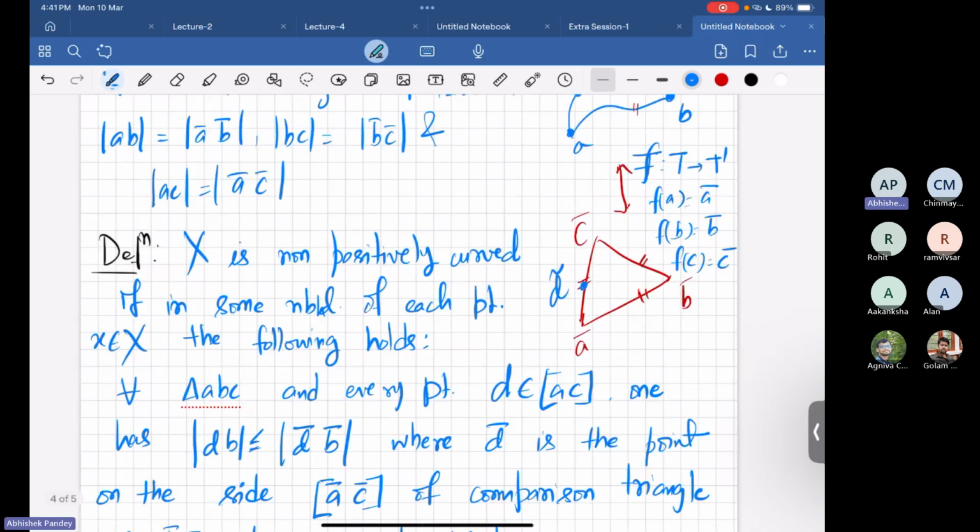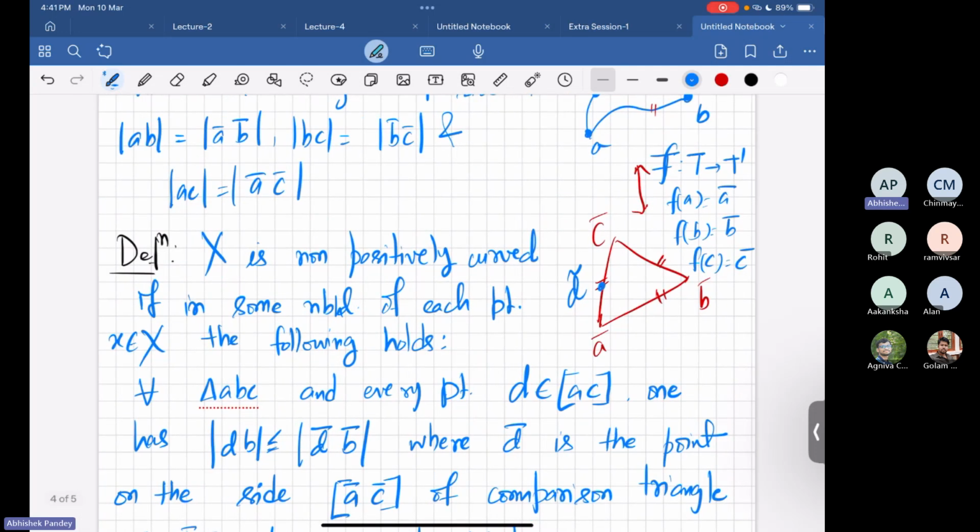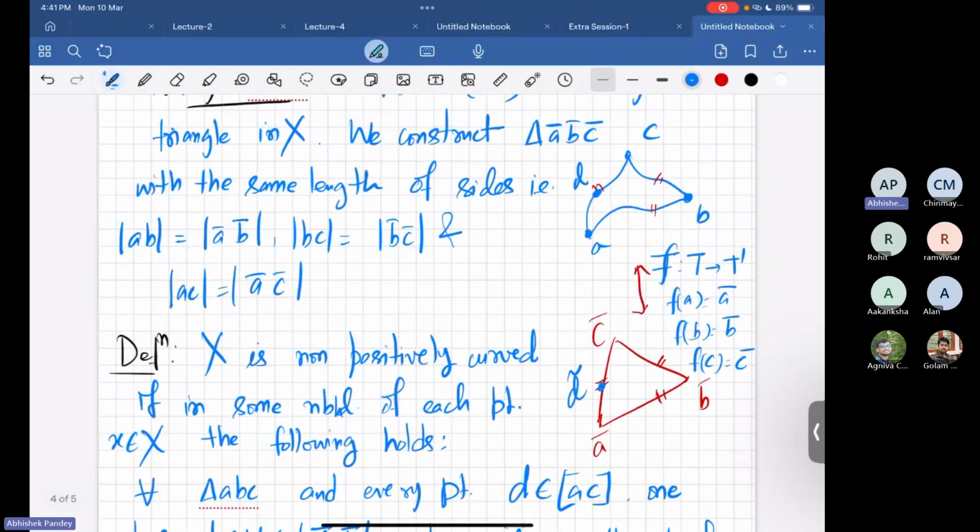F restricted to each of these sides is an isometry. So this is kind of a map, and we have F of D is equal to D bar, the image of D under the map F.